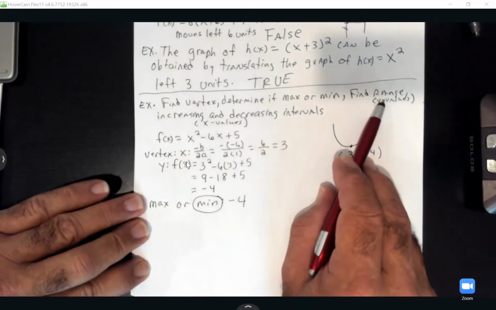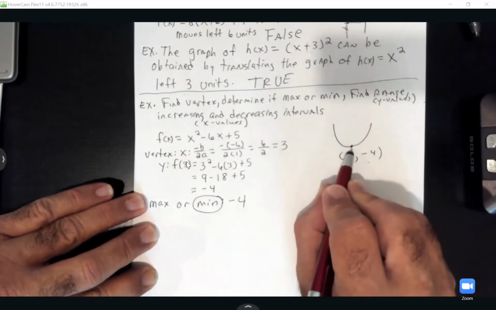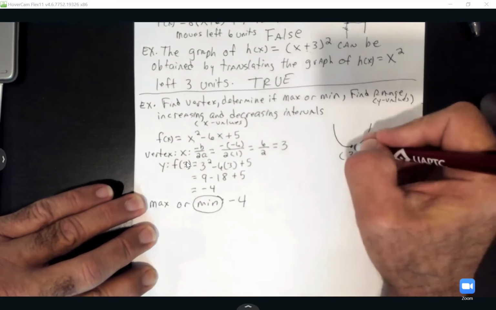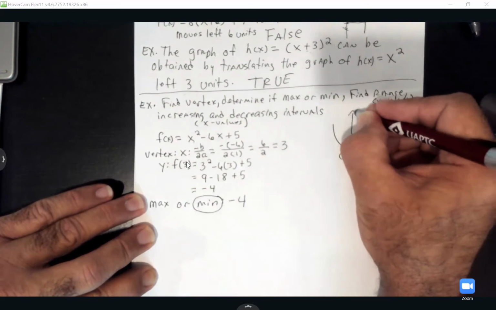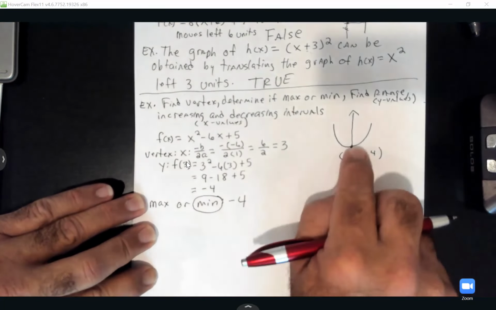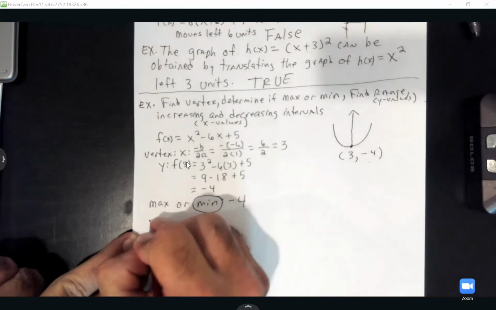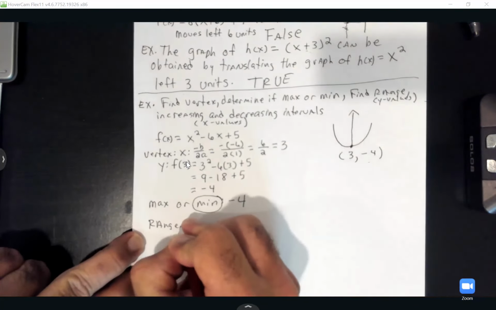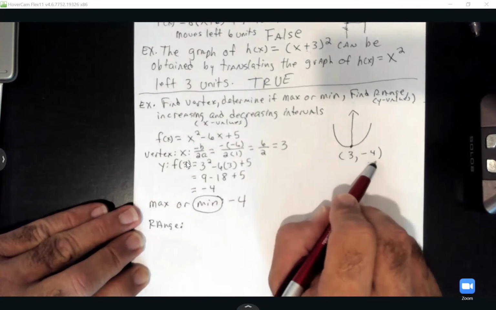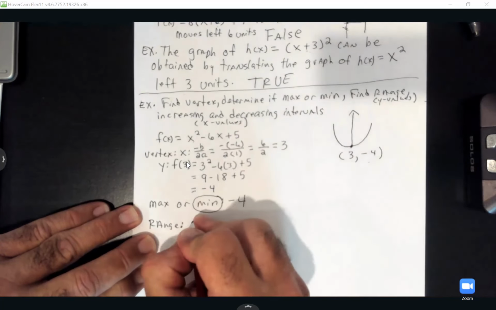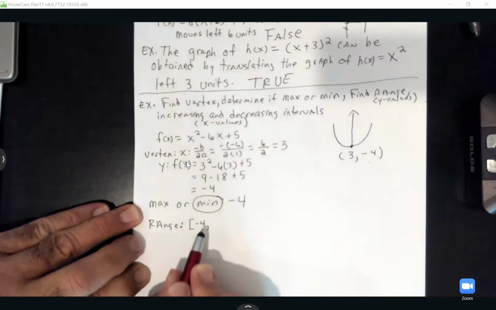Y'all, the range, remember the range is the y values. And notice, the smallest y value is sitting right here, and they head upwards. So on the range, we start with the smallest value and head up. So the range, now remember, the smallest y value I have here is that -4, and it has to be in brackets because we include that -4.